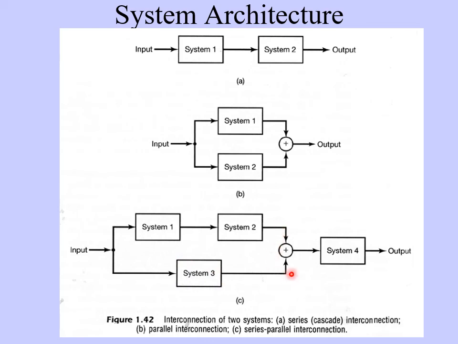Then their outputs are combined together and finally fed into system 4, and then here is the final output of this system. So we'll be encountering system architectures like this throughout the course. Sometimes we'll be using the cascade or series architecture, and other times we'll be using the parallel architecture.